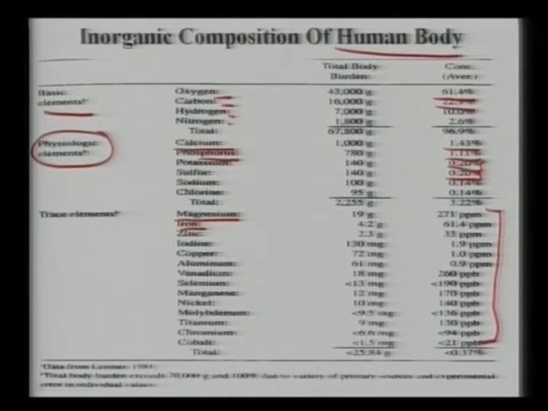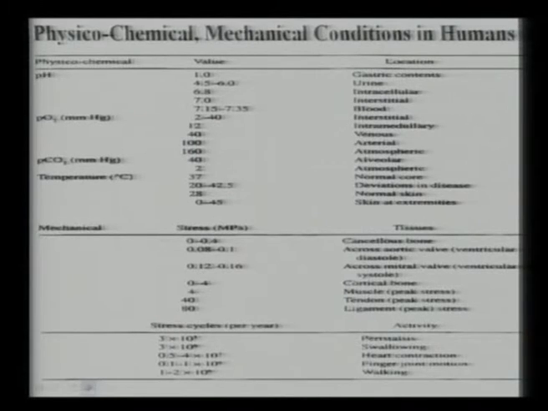You can see the amount is quite small when it comes to magnesium, iron and zinc, because it's at the ppm level. Now coming to the physicochemical and mechanical conditions in human beings. Physicochemical means things like pH value, which differs depending on the anatomical location in the human body. For example, pH is 1 for gastric content, 4.5 to 6 in urine, and 7.15 to 7.35 in blood.